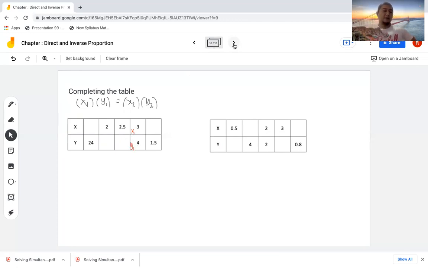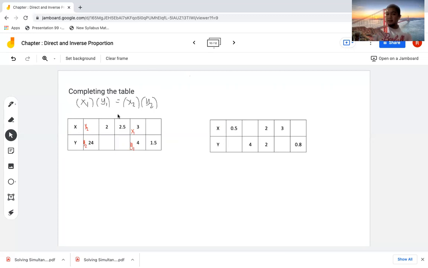The next thing you need to do is look for the column that you need to answer. So let's say, for example, if this is the one that is missing, then I will assume that this is the x sub 2, and this is going to be my y sub 2.